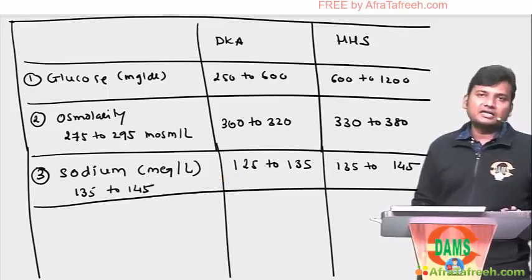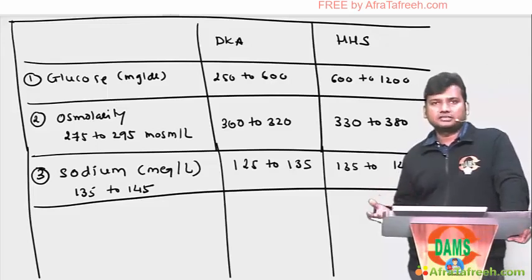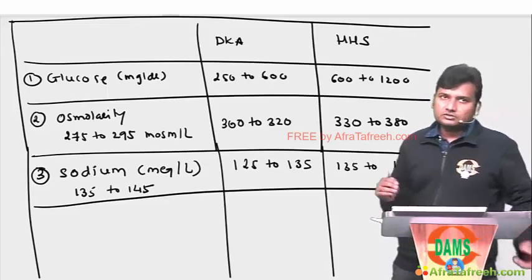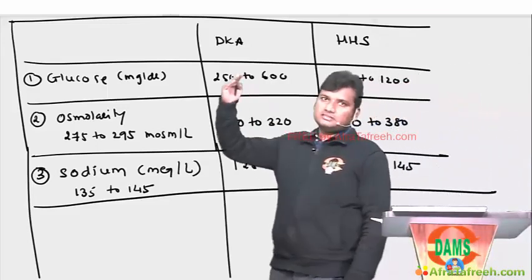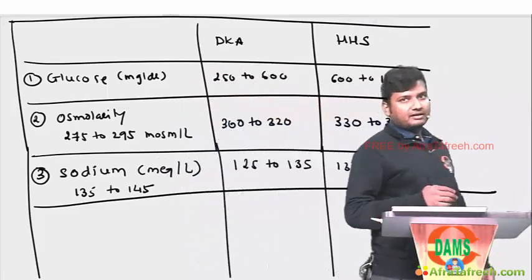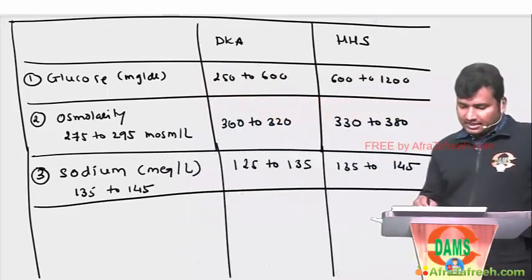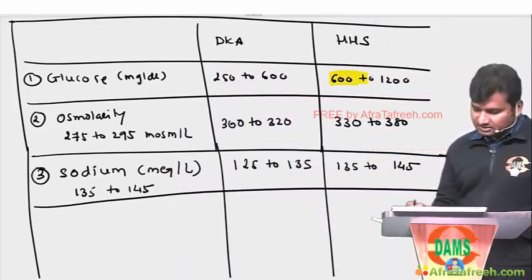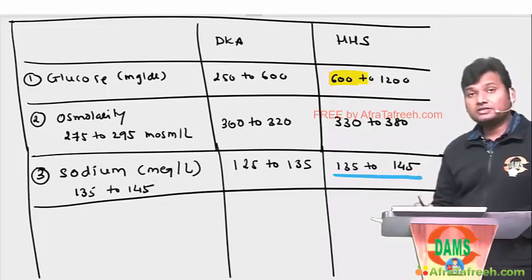Now here Harrison is contradictory to itself. Why? Initially Harrison said when glucose level increases, sodium level decreases. And here Harrison is saying that sugar level is more than 600 in HHS, still sodium level is normal.